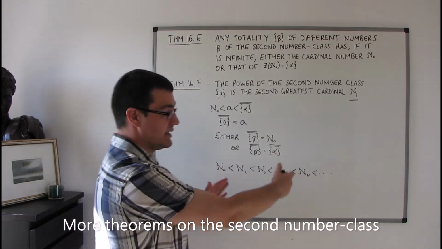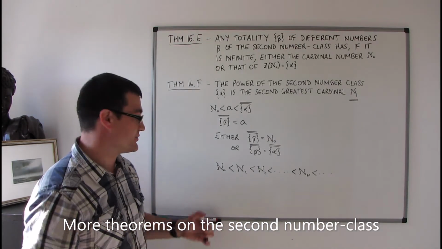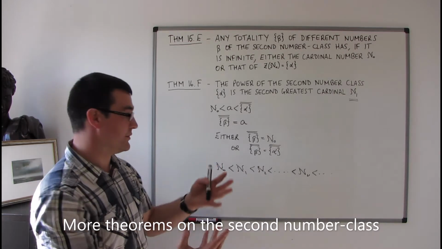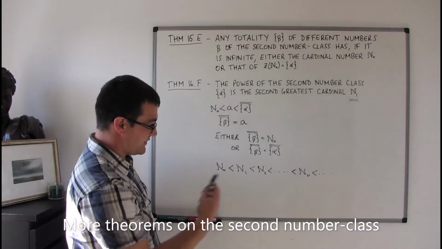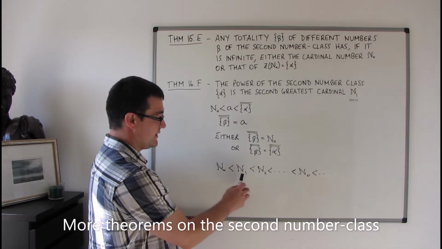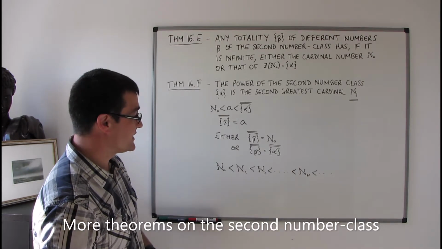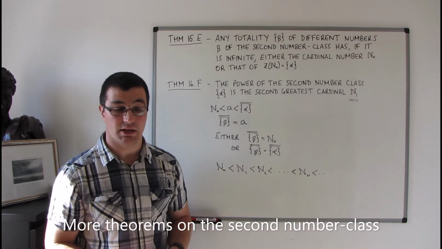We could get onto Aleph omega plus 1, etc., etc. So we could have Aleph with any ordinal number as a subscript, effectively. But the thing is that there is nothing in between Aleph naught and Aleph 1. That's the main point, really, of this theorem. So that finishes up with section 16 here.